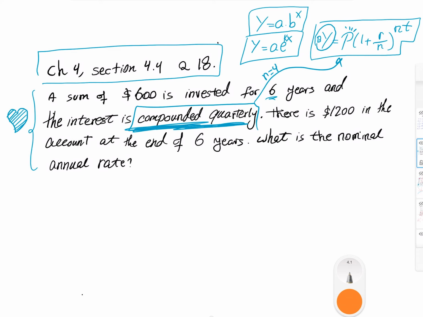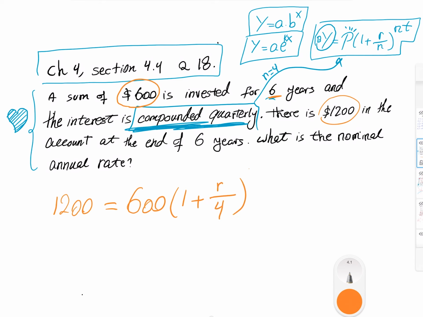So we have $600 invested for 6 years, becoming $1,200. So 1,200 equal to 600, the initial value, times 1 plus r, where we are looking for r, over n, which is 4, to the power of 4 multiplied by 6.